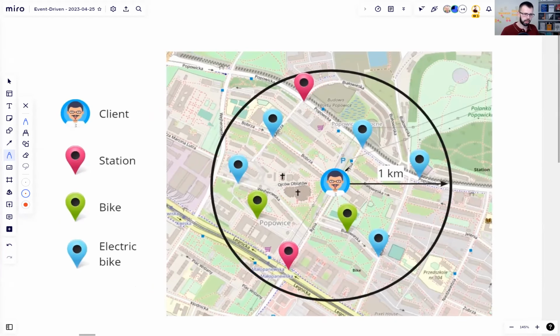And how is our client using our platform? They can see themselves on a map, and they see different stations, or sometimes the bikes are placed not in a station, but just freestanding around them, and they can see what kind of bikes they have around.